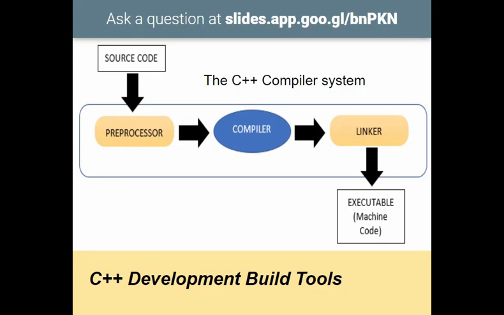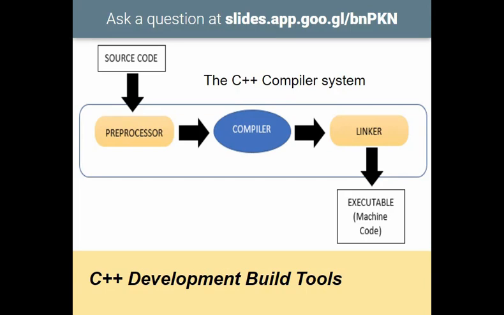Okay? How about the linker? The linker combines the compiler-generated machine code with precompiled library code or compiled code from other sources to make a complete executable program. Most compiled C++ code is incapable of running by itself.